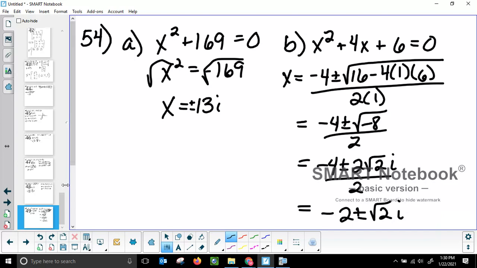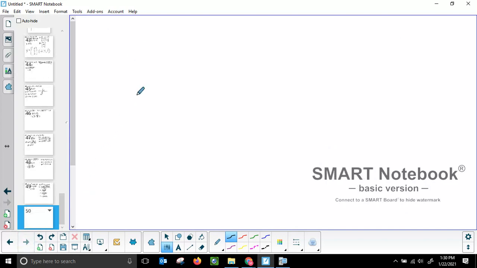I probably won't put those on the final exam, but they're really easy anyway. All right, 55. Write the complex number in trigonometric form, and we are given negative 3 plus 7i. This is what we just did, the most recent thing. So this is my a, this is my b. Of course, i is not included in the a or b.